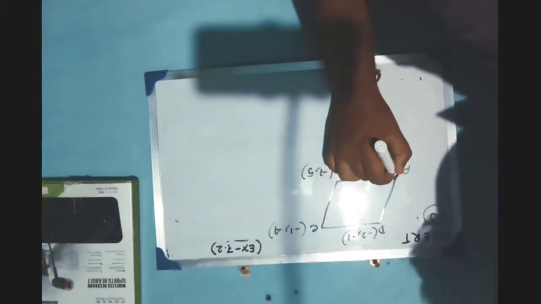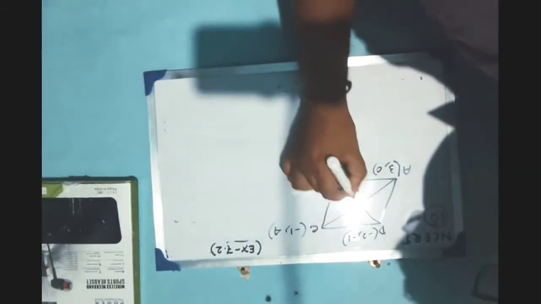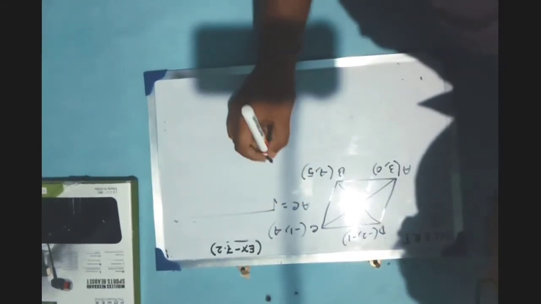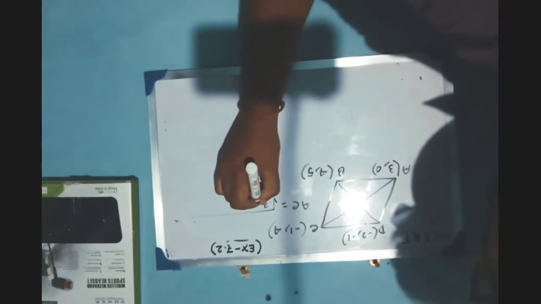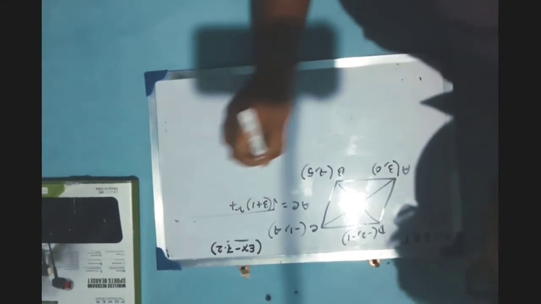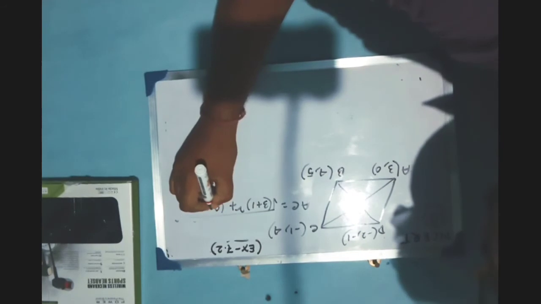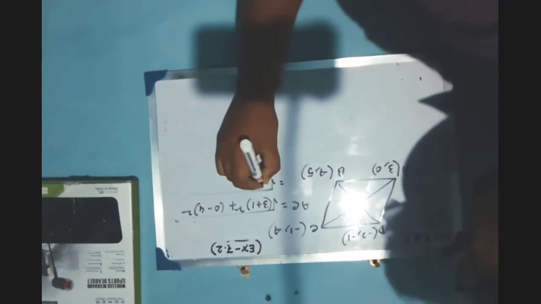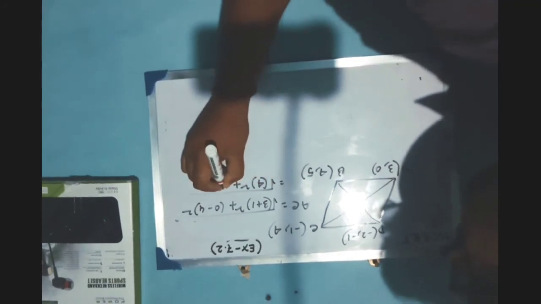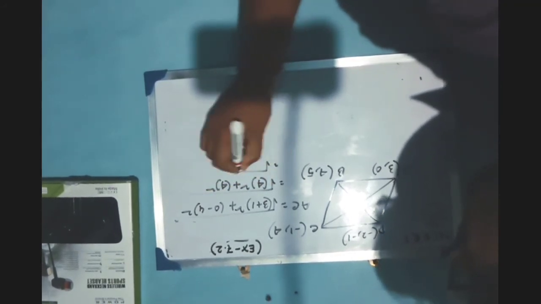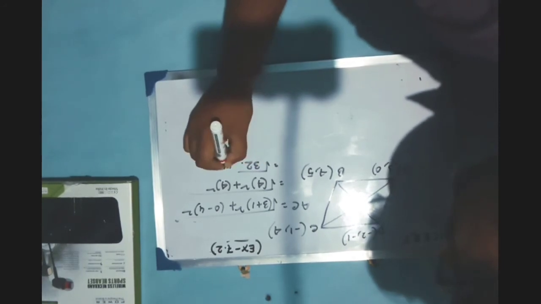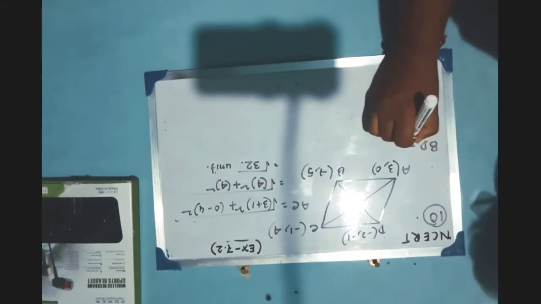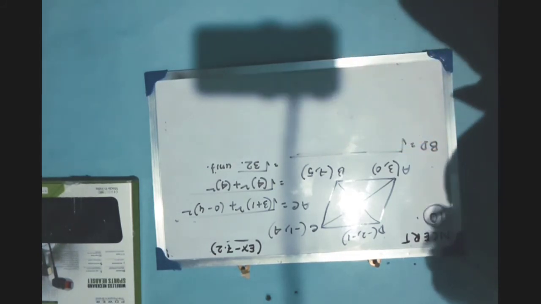So we have to find AC first and BD. AC is equal to root under of 3 plus 1 whole square plus 0 minus 4 whole square. That means root under of 4 square plus 4 square, which means root 32 units. Next BD.